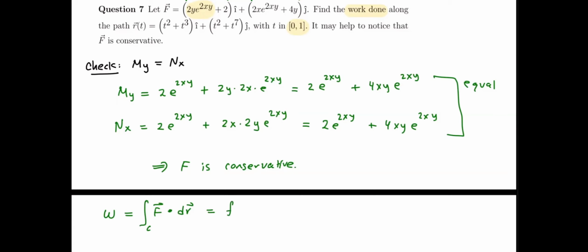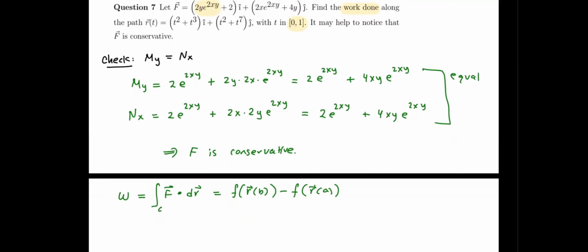We evaluate f at r of b minus f of r of a. So we need to figure out our potential function little f, and then evaluate it at the endpoints of the curve. Let's go ahead and do that.